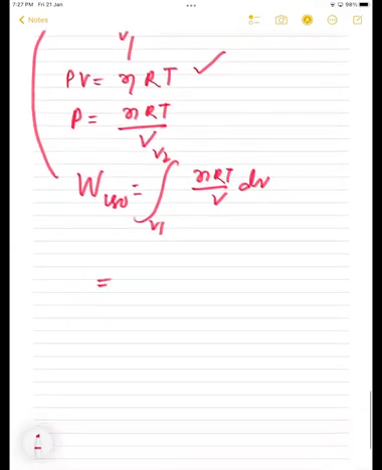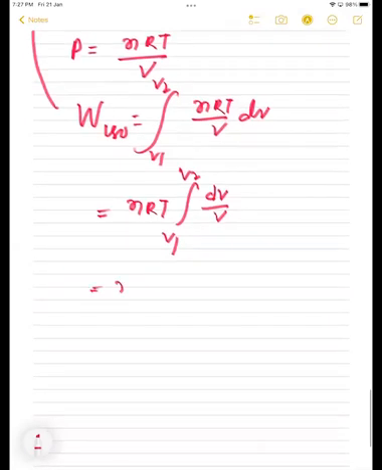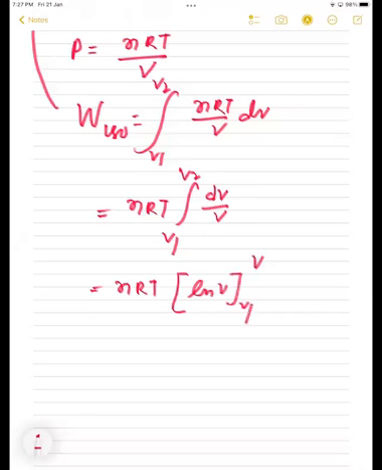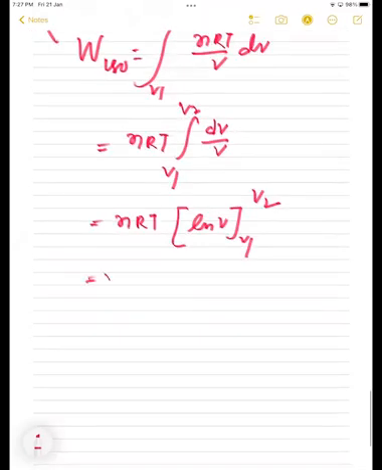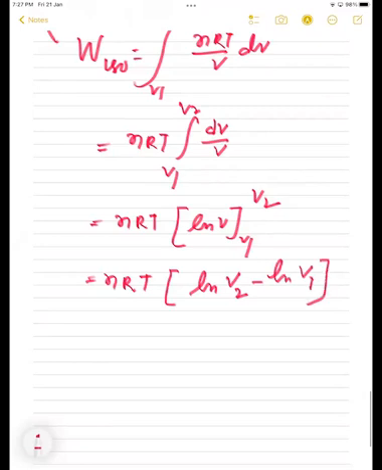Yes or no, students? So nRT comes out, integration of V1 to V2 dV by V. Integration of 1 by V is ln V, or not, students? That is with limit V1 to V2. So that is nRT into ln V2 minus ln V1. Correct?